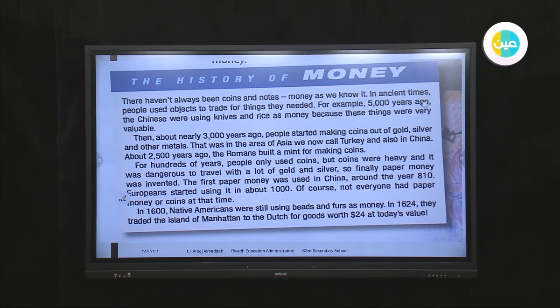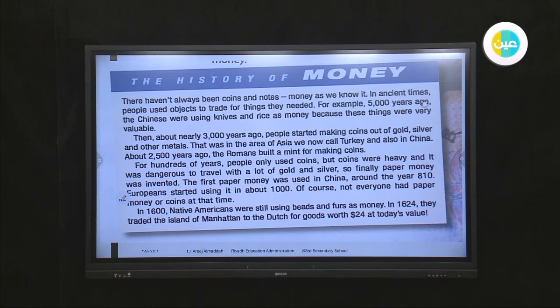The Romans built a mint for making coins for hundreds of years. People only used coins, but coins were heavy and it was dangerous to travel with a lot of gold and silver. So finally, paper money was invented. The first paper money was used in China around the year 810. Europeans started using it in about 1000.